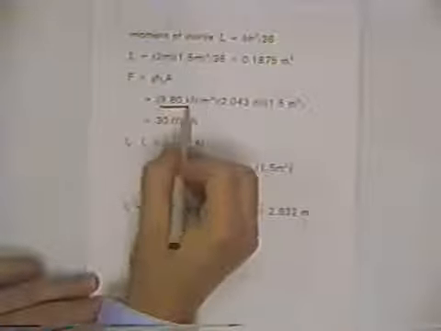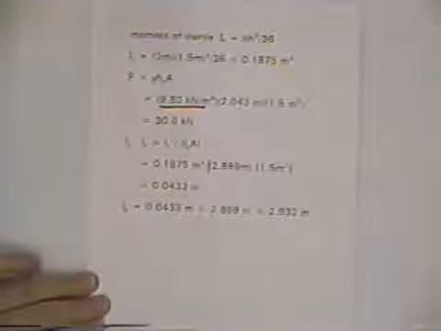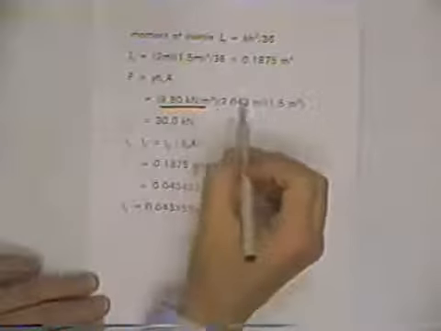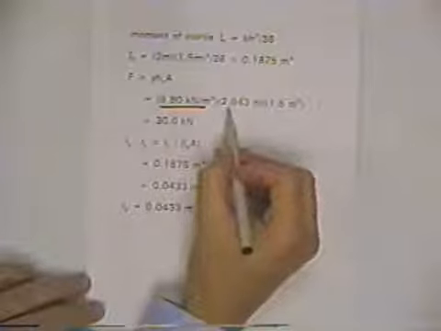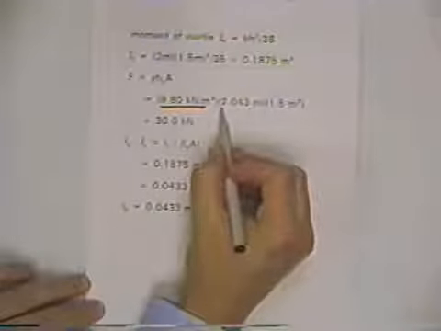And now we've got the terms that we need to compute the force. We plug in the unit weight of the water, 9.8 kilonewtons per cubic meter. We plug in the head, which is measured vertically from the water surface to the center of gravity of the flat triangular plate, and then we plug in the area of the triangular plate, and we get the force.